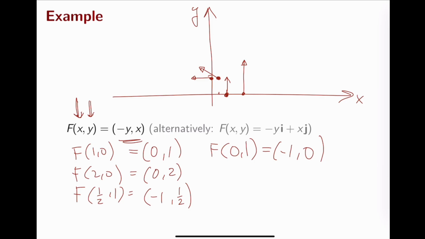And let's continue with another one, f at (-1, 0). That is this point here. Evaluating, the result is (0, -1), so 0 in x and -1 in y, something like this.